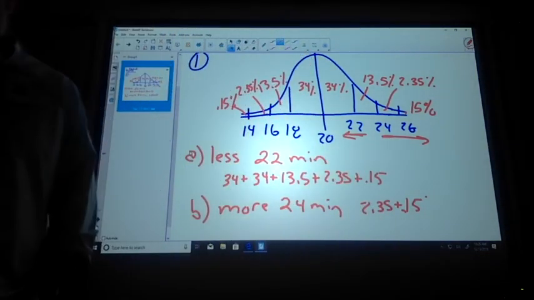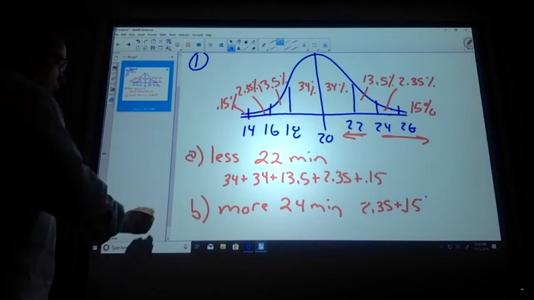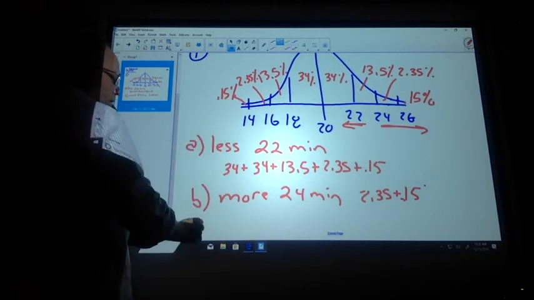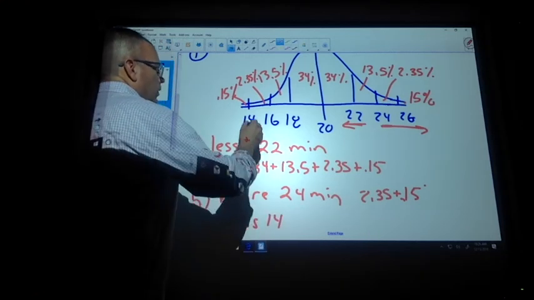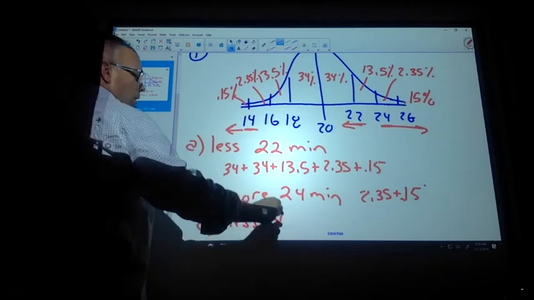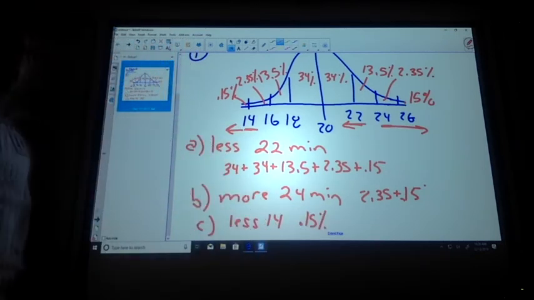So 2.5% of the time it takes you more than 24 minutes to get here. And then how often do you arrive less than 14 minutes? So that's here going this way. Well, that's only 0.15% of the time.